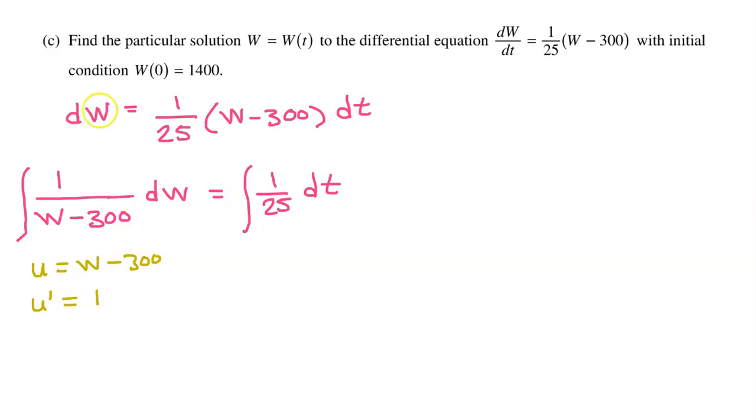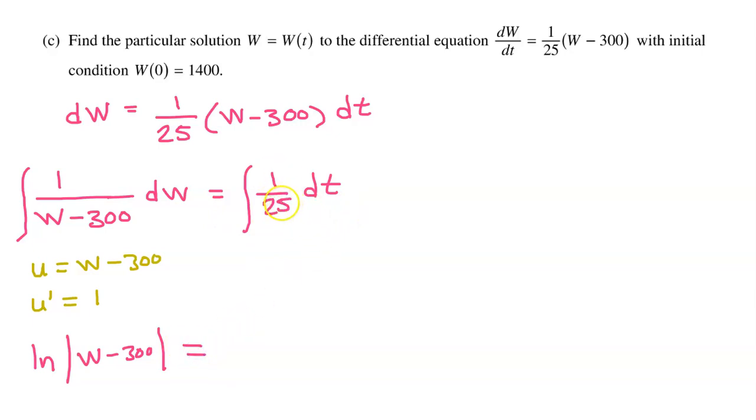So we can go ahead and just do the antiderivative of 1 over u. And we know that to be the natural log of the absolute value of u plus C. I will save the plus C for the right-hand side of the equation.